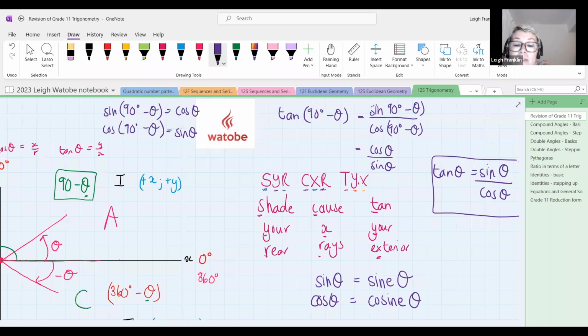So we abbreviate sine to the first three letters and we abbreviate cosine to the first three letters. Sine and cosine, they are co-ratios. Do you know what it means when they talk about co-ratios? Do you know what they mean by co-ratios? Does anybody know?